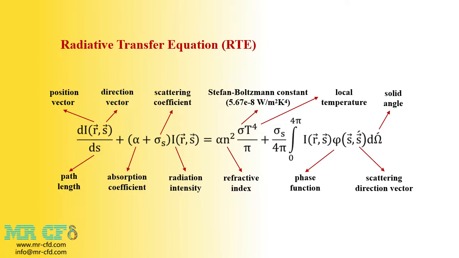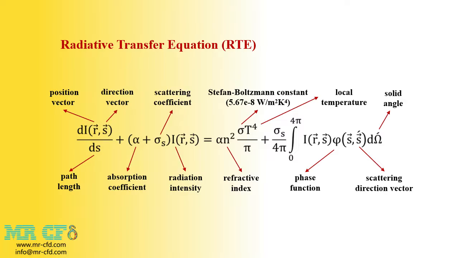The parameters in the radiative transfer equation are introduced. Parameters such as location vector, direction vector, path length, scattering coefficient, absorption coefficient, radiation intensity, Stefan-Boltzmann constant, refractive index, phase function, local temperature, solid angle, and scattering direction vector.